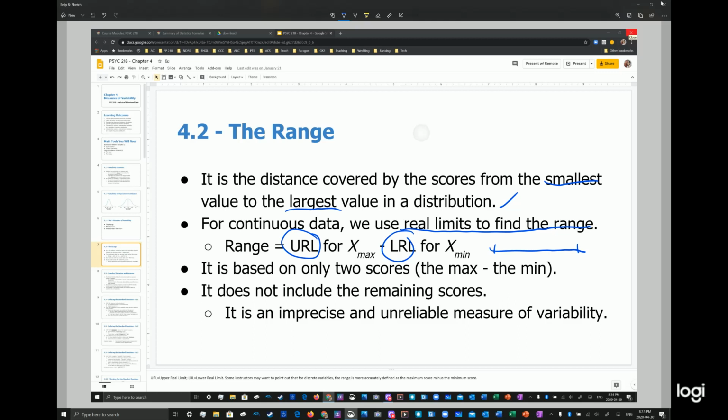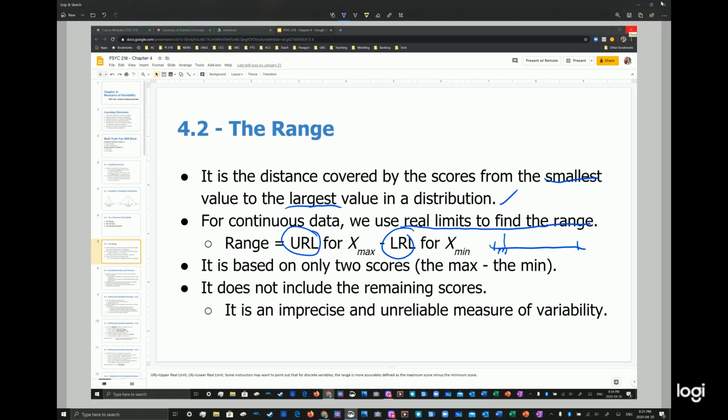So for example, if this was the minimum, and let's say it was 1, and the lowest value is 0, then the lower real limit would be 0.5. Let's say here was 99 for the maximum value, and so the upper real limit would be 99.5.